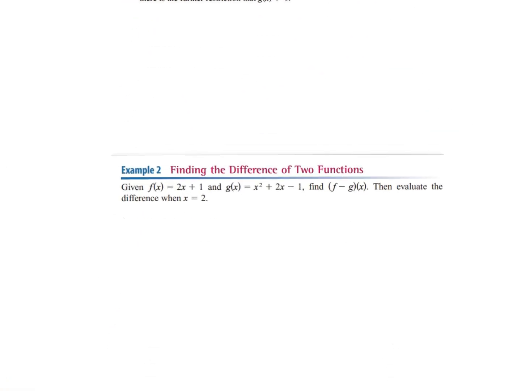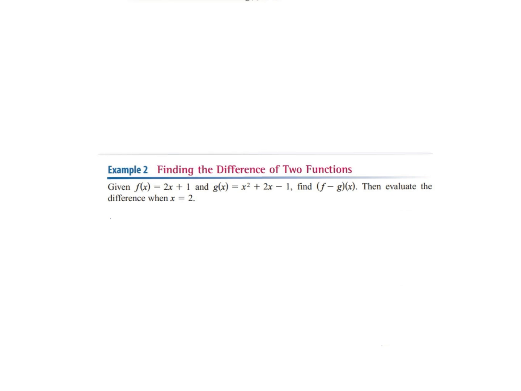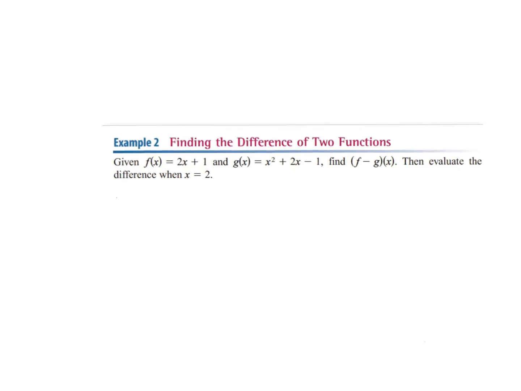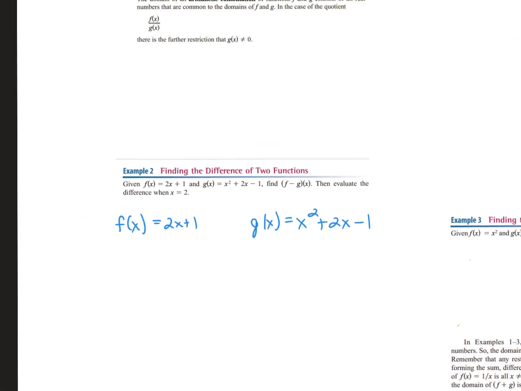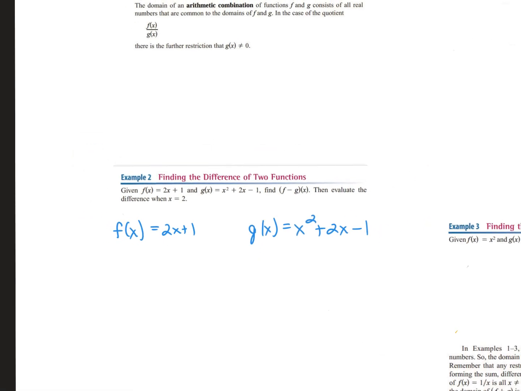Before you guys look at me like, what are you talking about, all right? Here's my 2 functions. Write them down. f of x equals 2x plus 1. And then g of x equals x squared plus 2x minus 1. All right, we're going to do this problem 2 ways.